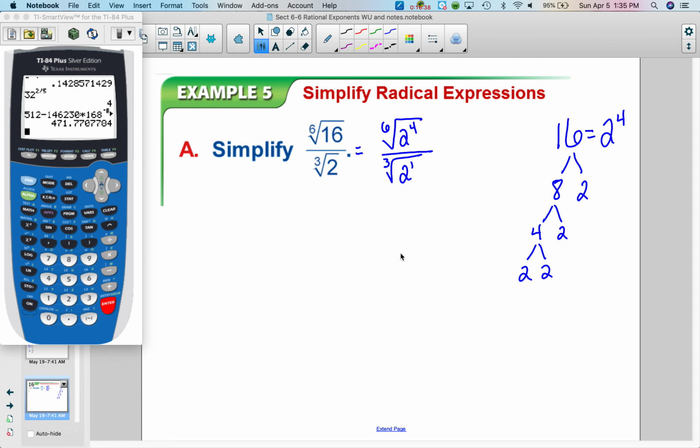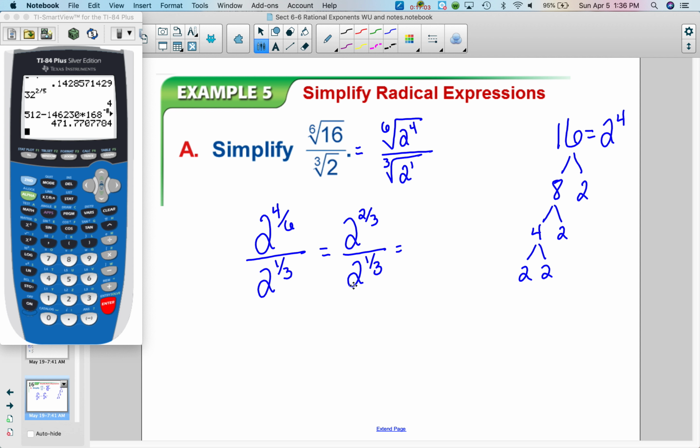Now I'm going to rewrite these as fractions. So remember, the root goes on the bottom, the power goes on the top. So I get 2 to the 4/6, because the 6 was the root, the 4 was the power. I get 2 to the 1/3. Well, notice that this can be simplified. 4/6 reduces to 2/3. And I still have a 2 to the 1/3.